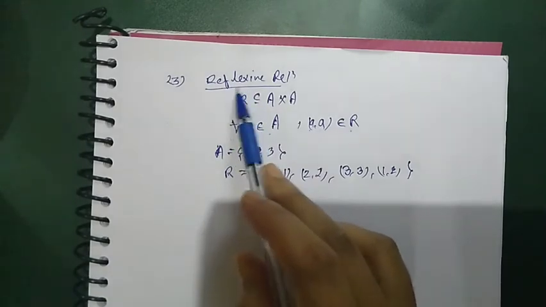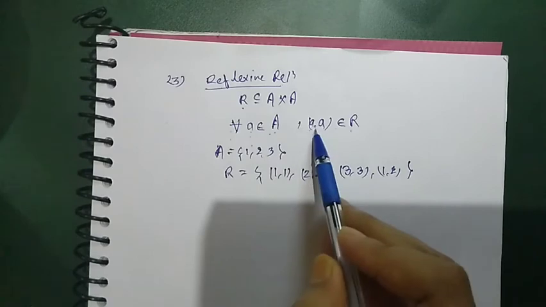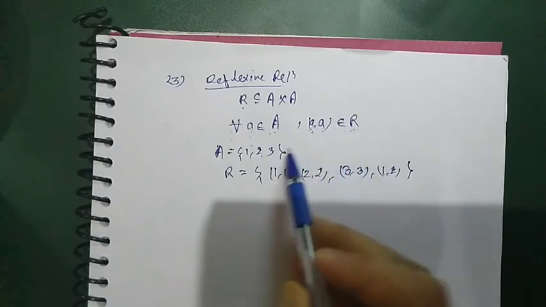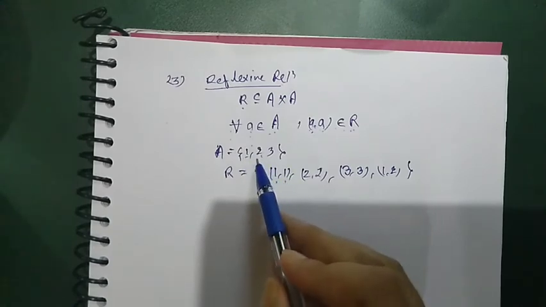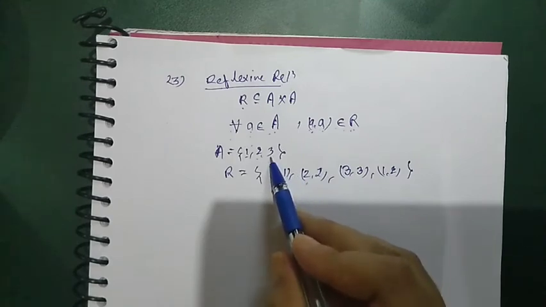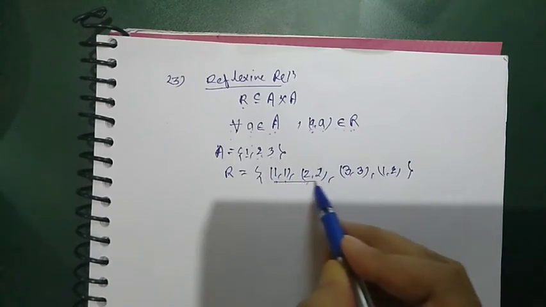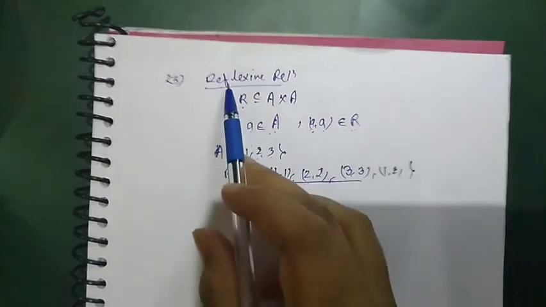The condition of a reflexive relation is that for all elements of A, an ordered pair of the type (a, a) must belong to the relation. For the first element (1,1) will come, for the second element (2,2), for the third element (3,3). So all three ordered pairs are here, so it is a reflexive relation.